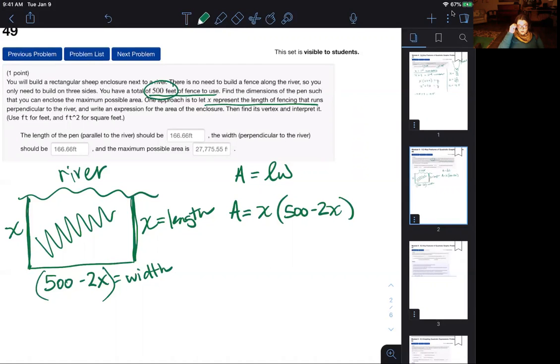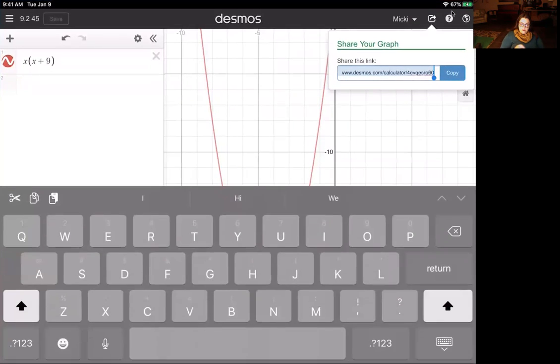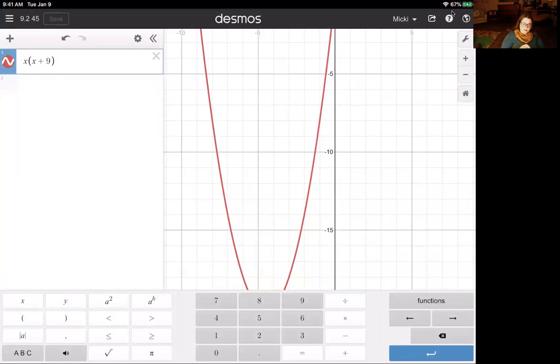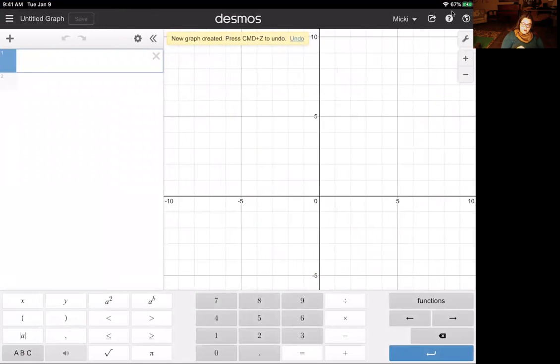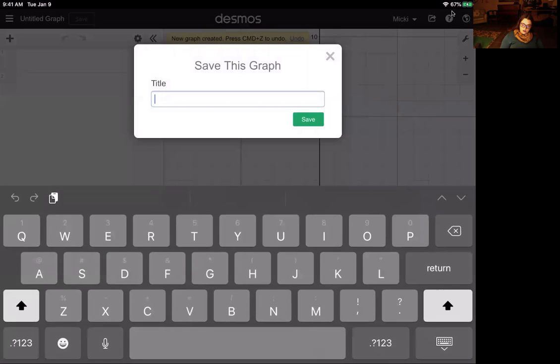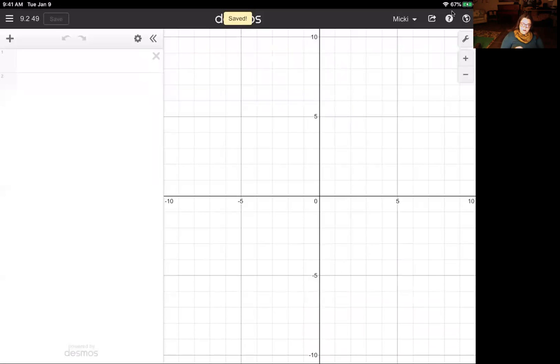Okay, so find the vertex and interpret it. Again, if we graph this on Desmos, let's say I go back to my Desmos here, and you could also create a new graph so that you might save it using the section 9.2, number 49, in case we want to reference it again.